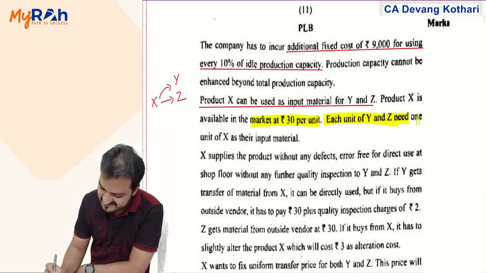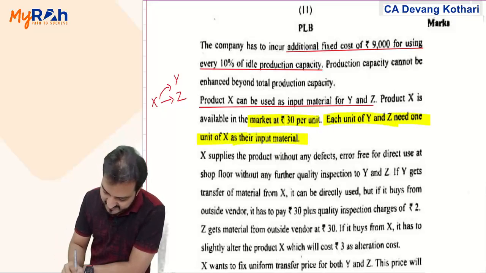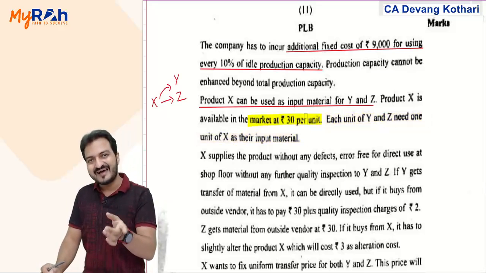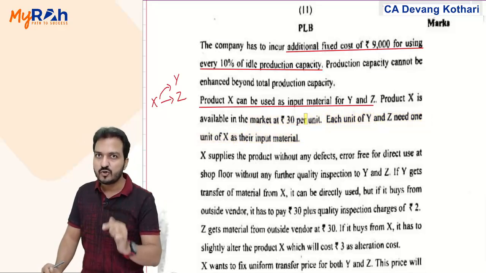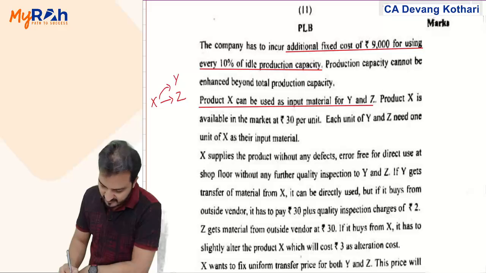Each unit of Y and Z need 1 unit of X as their input material. Now market price of X is 30. So it seems that maximum TP that buyer would be ready to pay is 30. But no. There are other details also to identify maximum TP.